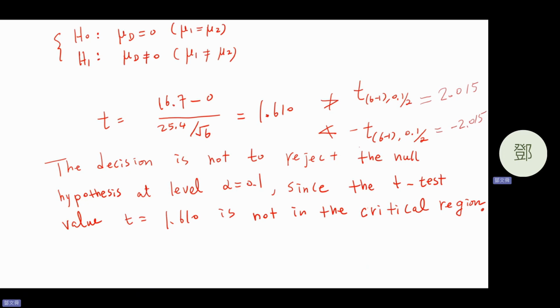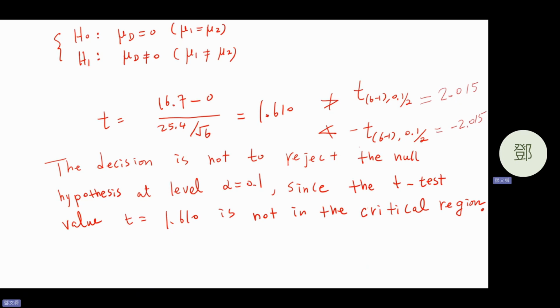The decision here is not to reject the null hypothesis at the level. Here the level is 0.1. So the column you need to go to is 0.05. We will go to the table later.